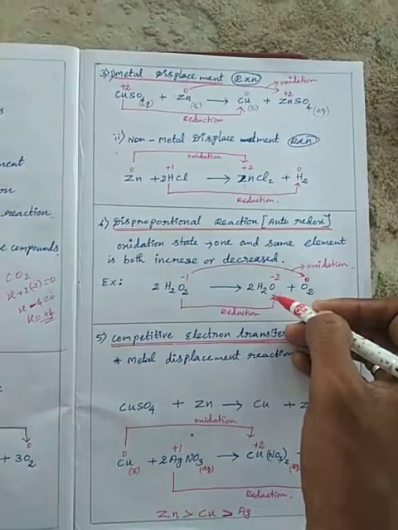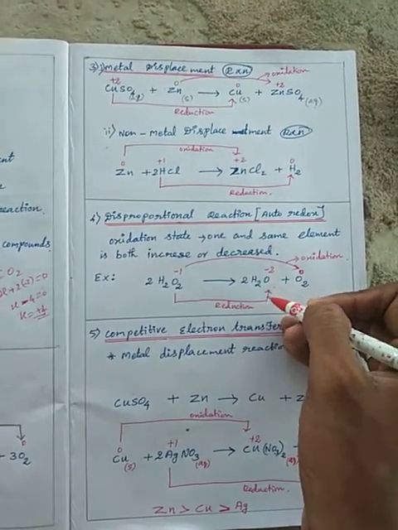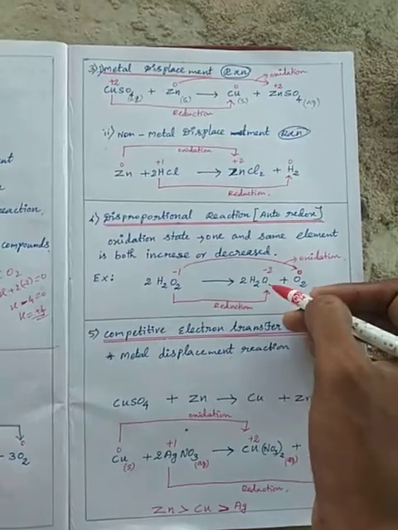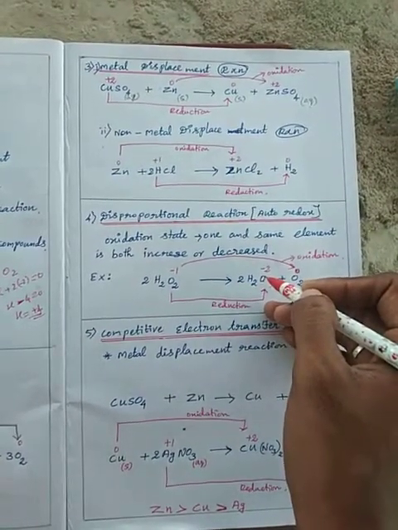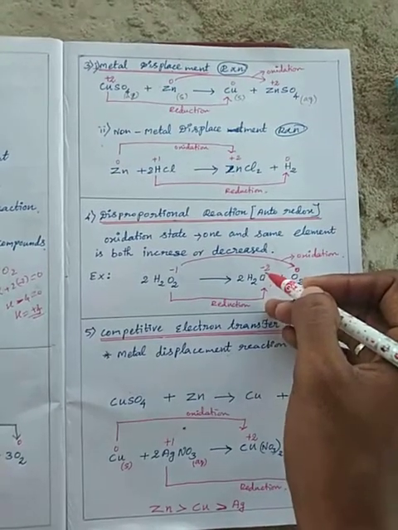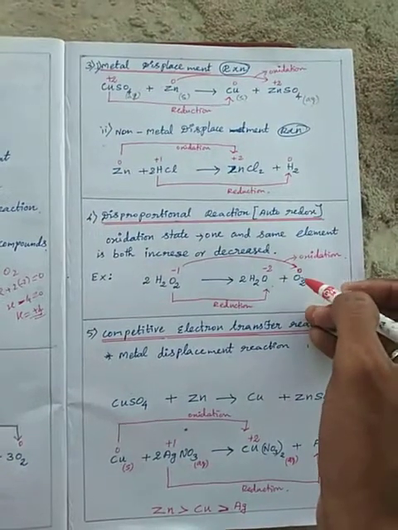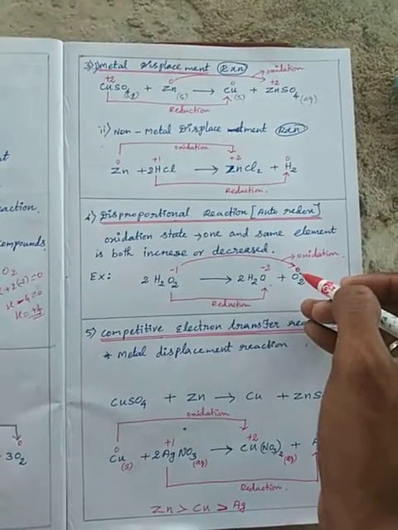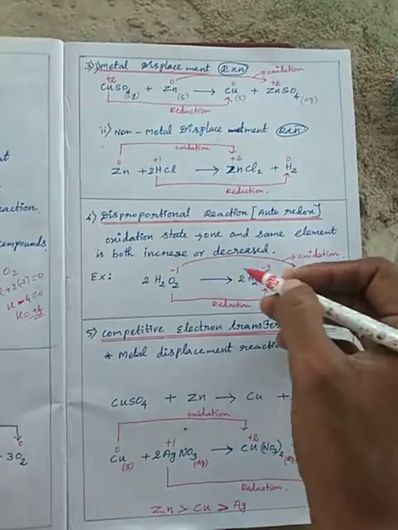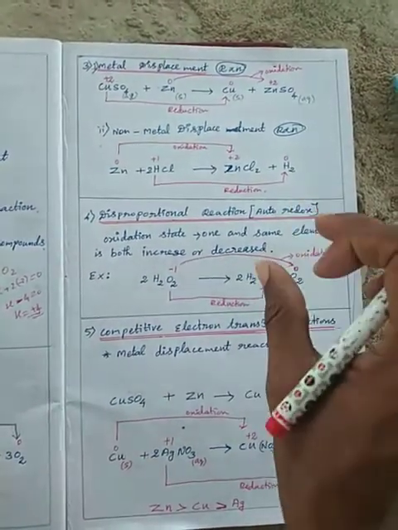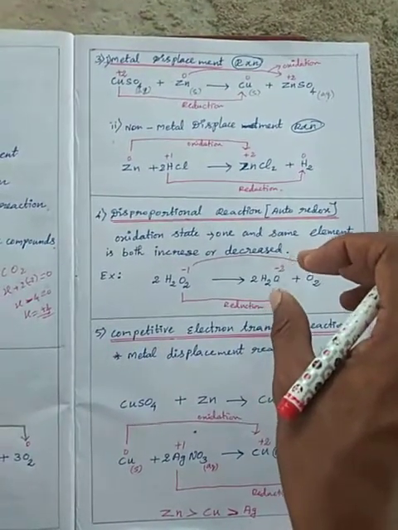The same oxygen atom goes to minus 2, which is reduction, a decrease of oxidation state. In the oxygen molecule the oxidation number is 0, an increase. The same compound, hydrogen peroxide, shows both decrease and increase, so it is a disproportionation reaction.